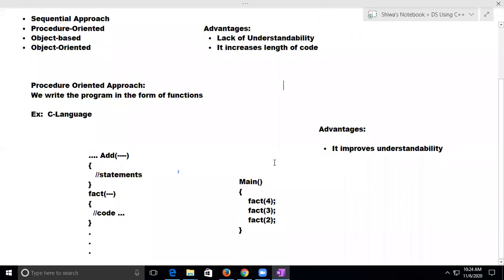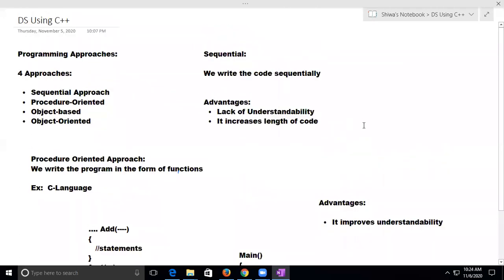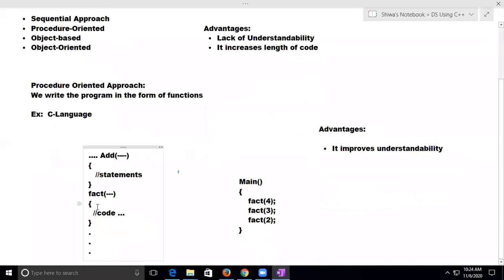Increases length of code. So to perform the same task again and again, we are writing same code again and again. Whereas here, we're writing code only for one time. So automatically code length will be decreased. So it decreases length of code.